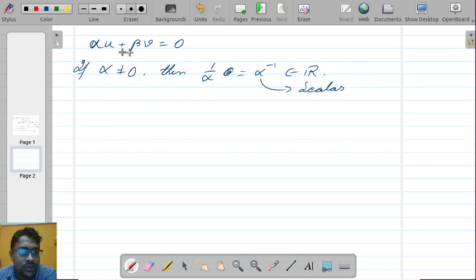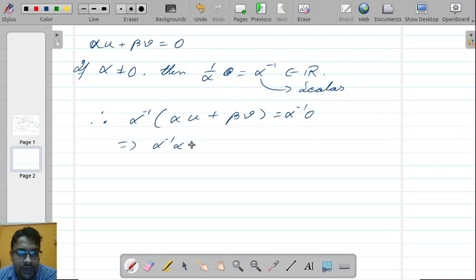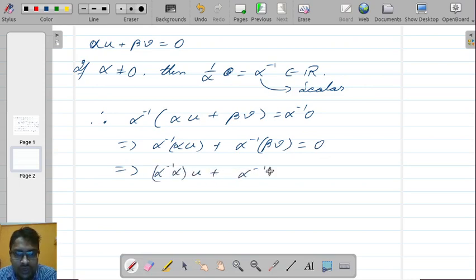So we multiply with alpha inverse: alpha inverse multiplied with alpha u plus beta v gives alpha inverse of 0. Using the distributive property, and the properties of vector spaces, we write alpha inverse alpha into u plus alpha inverse beta into v equals 0.